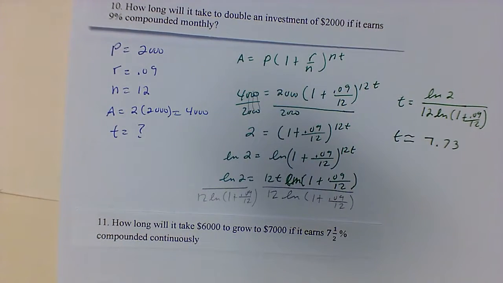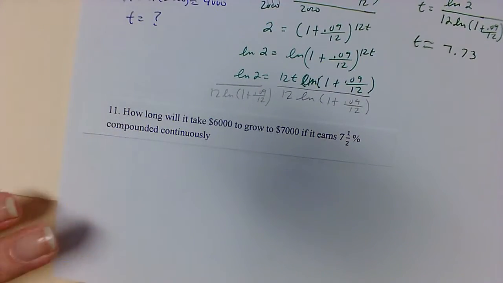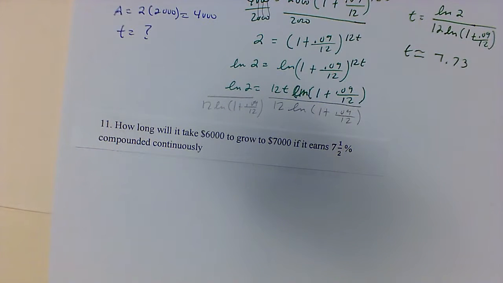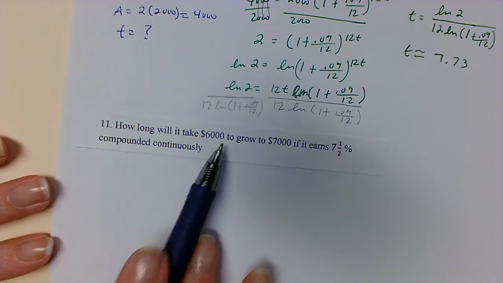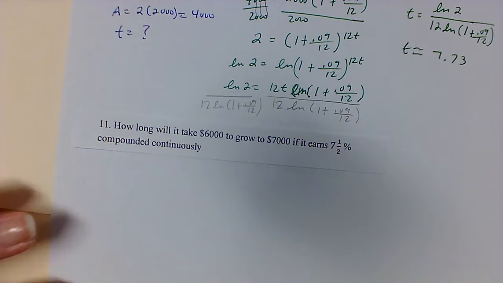Our next problem we're looking at is how long it will take 6,000 to grow to 7,000 if it earns 7.5% compounded continuously. So again, we're looking to see what do we have and what can we do with that.